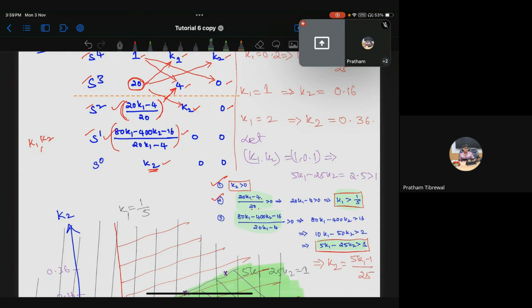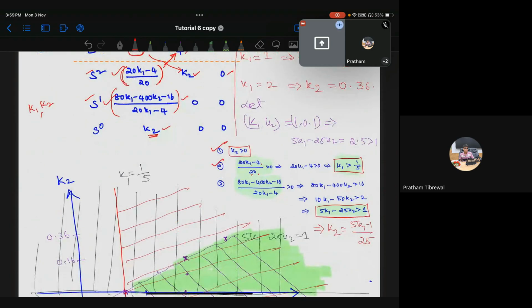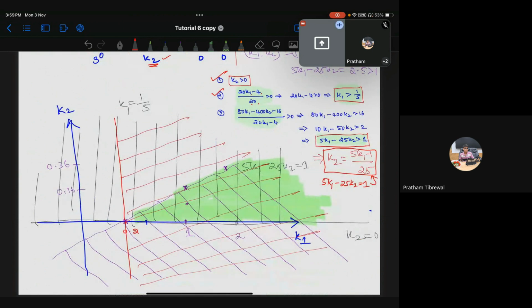Suppose you take 5K1 minus 25K2 equal to 1, you will get K2 in this way. So what we are doing here is taking the x-axis as K1 and the y-axis as K2.